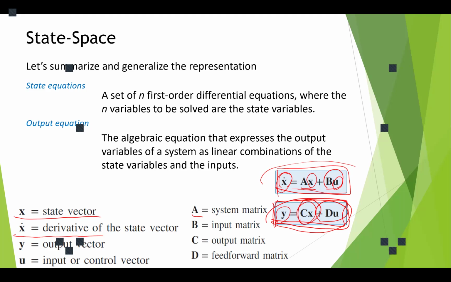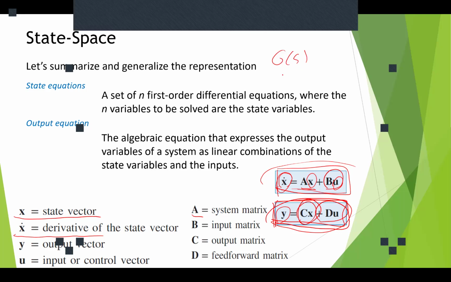Anyone remember the definition of the transfer function? We had a G of s or H of s that describes the output versus input, right? What was the definition of that G, that transfer function?